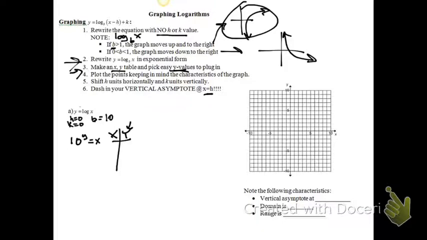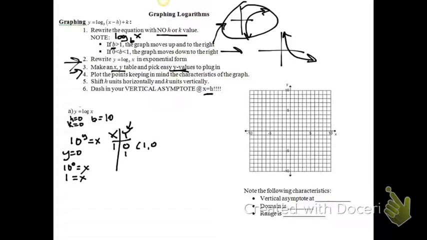The reason is, if you plugged in 0 for x and 1 for x and 2 for x, you're going to have a hard time figuring out what y is. However, I can easily plug in 0 for y. If y is 0, that's 10 to the 0, which is 1. So I know x is 1. This is the coordinate 1 comma 0 that I'll end up plotting in a second.